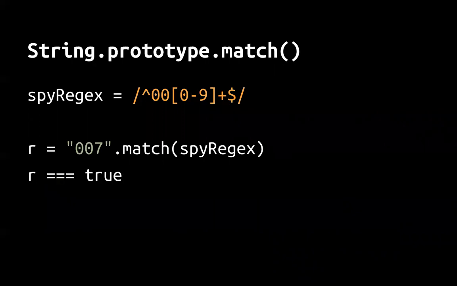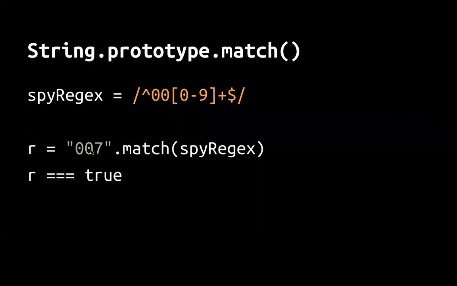Another way is the match method, another string method that allows you to match a regular expression. It returns a match object, which I'm calling R here. I should probably call it M. I'm calling it R for response, but the response you get back is a match object.